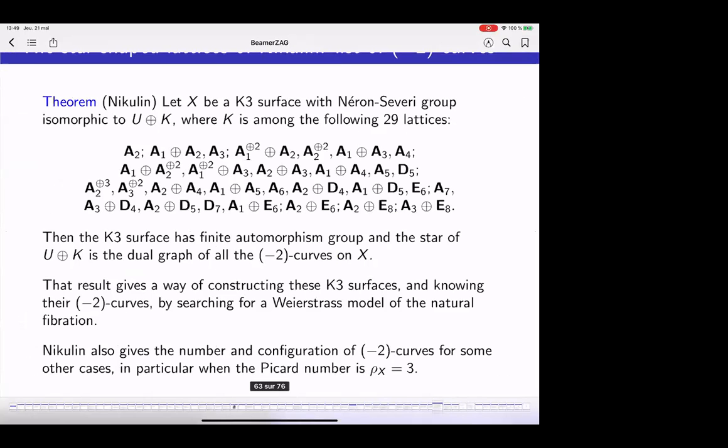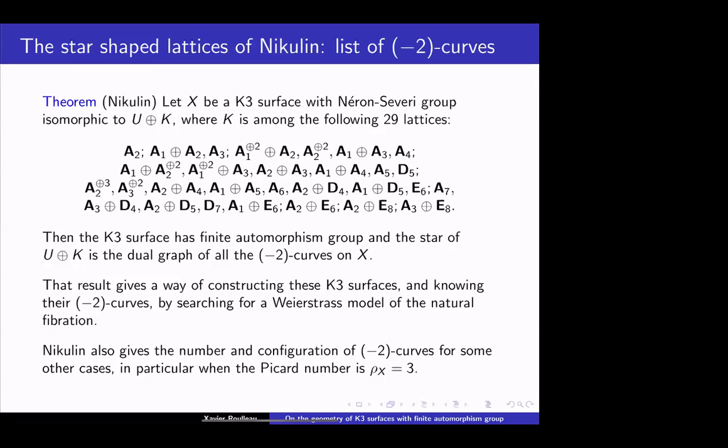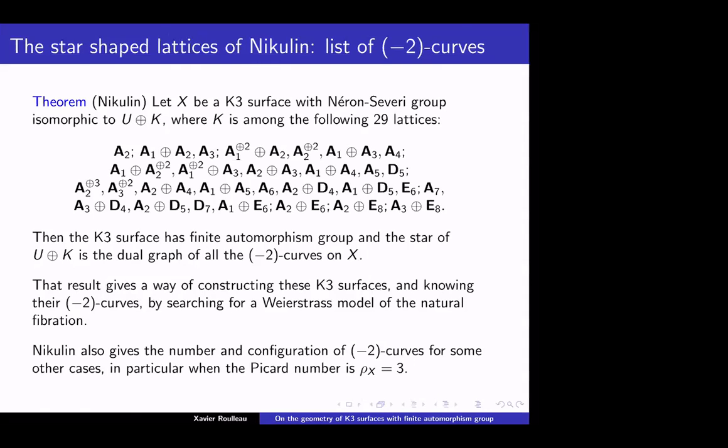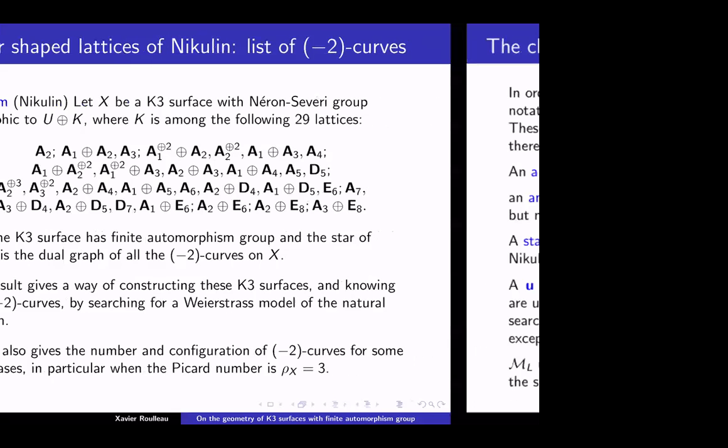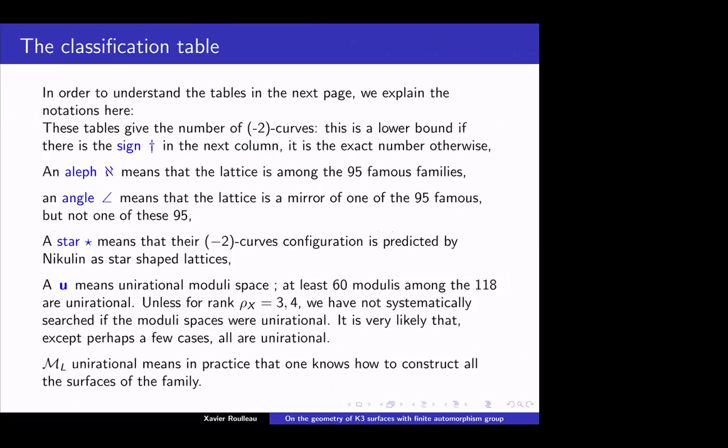I must mention also that Nikulin gave the number and configuration of -2 curves for some other cases, in particular when the Picard number is 3. So I will show you now a classification table. Let me explain the notation.